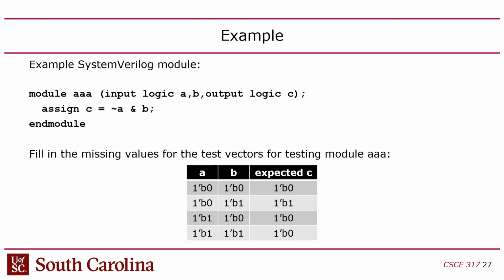Here's another example of a full module. So we have module AAA, inputs A and B, output C, and it basically just calculates straight up Boolean logic, not A and B, and assigns that to C. Notice the not is a tilde. It's kind of weird, because in Java it's a bang, an exclamation point. In fact, you still have exclamation point in Verilog too, but tilde is the bitwise negation in Java, right?